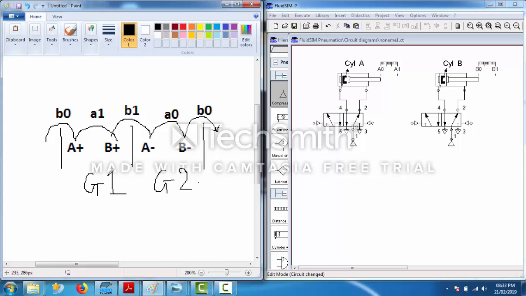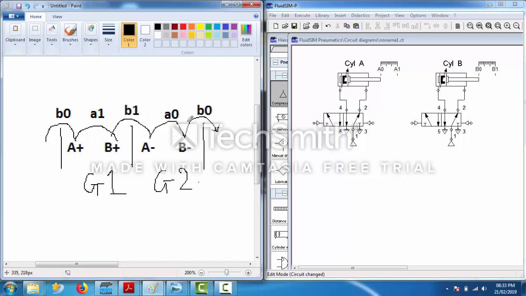B1 is starting in group 1 and going to group 2. That is, B1 is crossing over a group. Similarly, look at B0. It is starting from group 2 and going into group 1. So even it is changing its group.